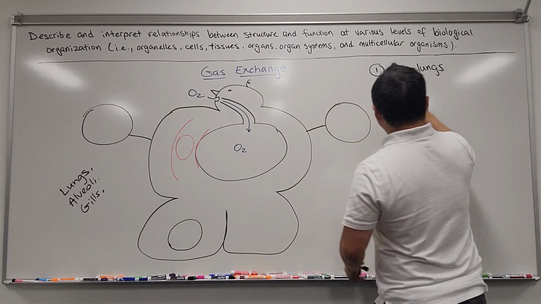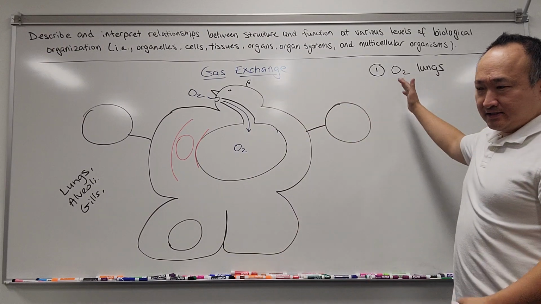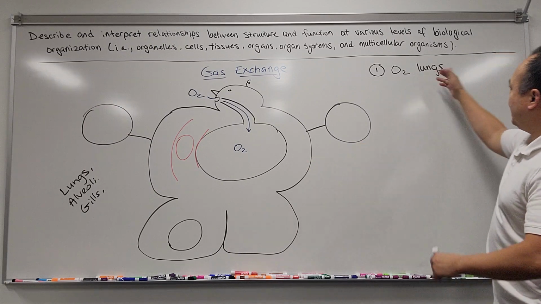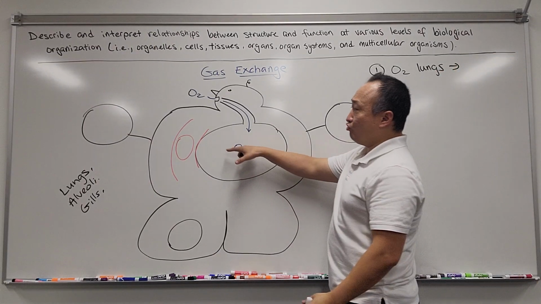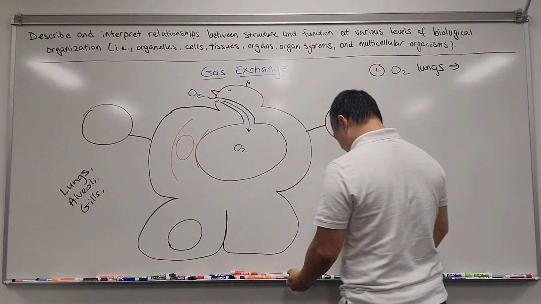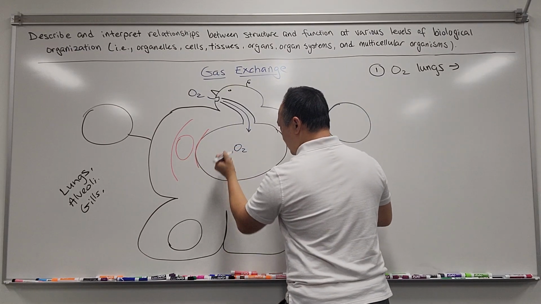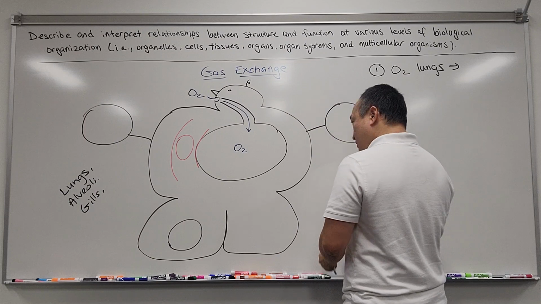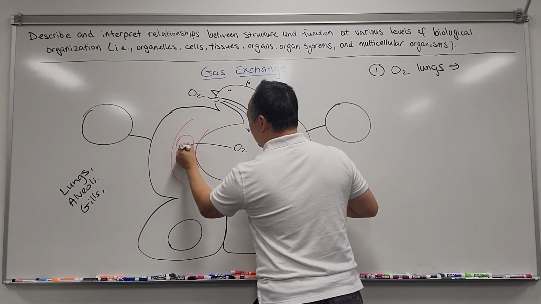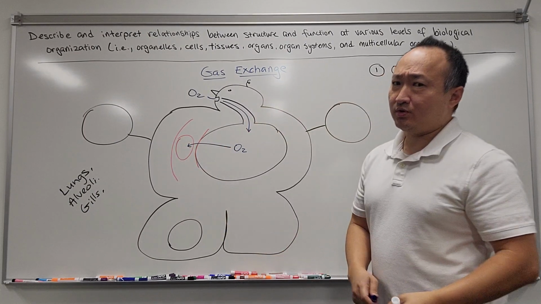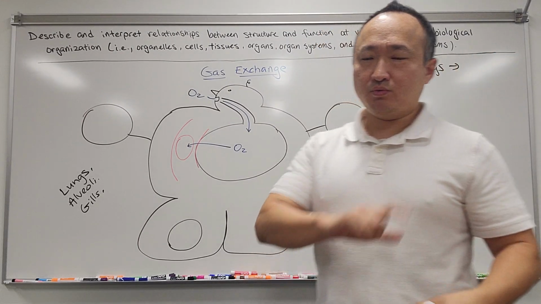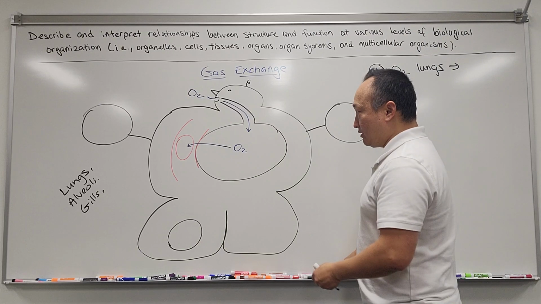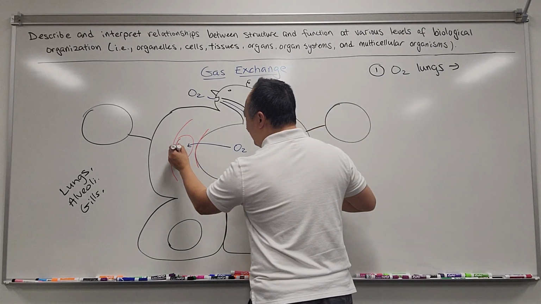All right, so step one, we'll just use lungs in this example, but it could be, like I said, gills. The oxygen is going to go from your lungs right into the red blood cells. It's going to do that through a process called passive transport, but we'll talk about transport later on. So the oxygen is in the red blood cells.